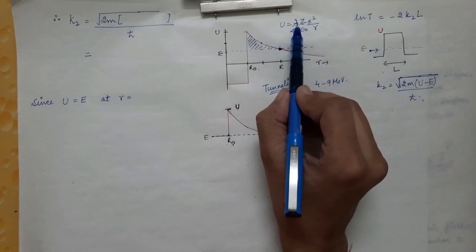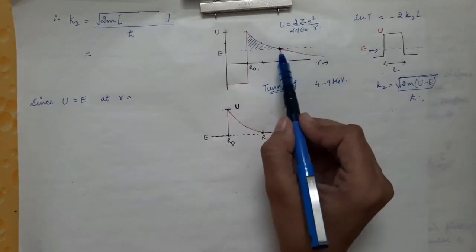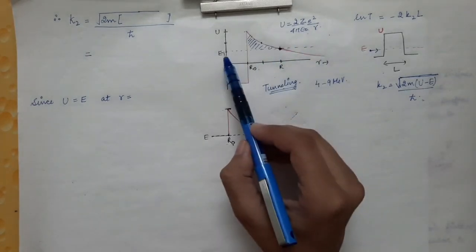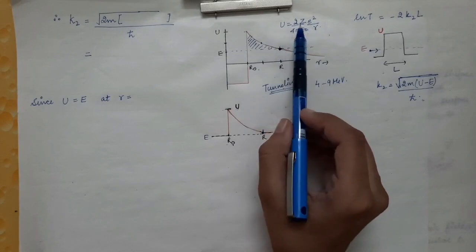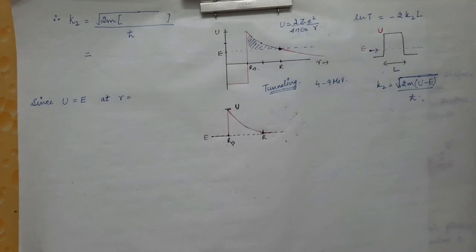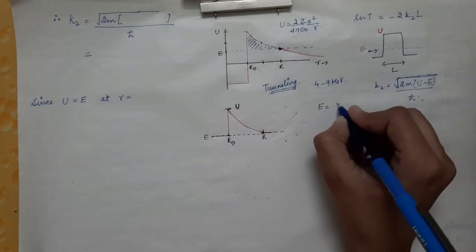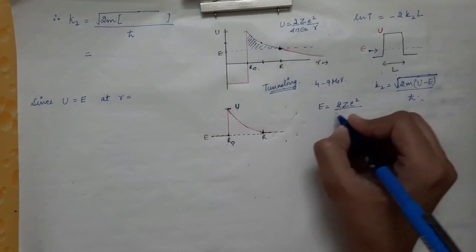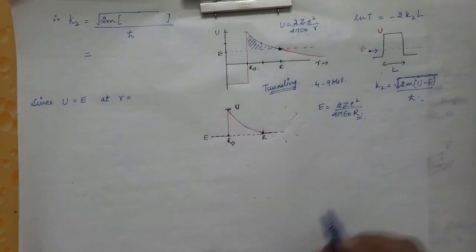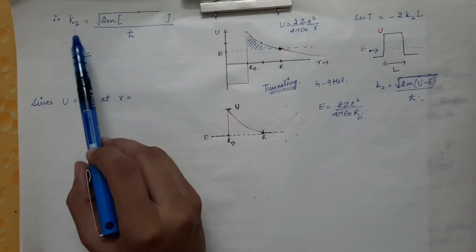It will be equal to 2ze square by 4 pi epsilon naught capital R, given by 1 by capital R. So the energy of the alpha particle is equal to 2ze square divided by 4 pi epsilon naught capital R. Now the main task is to find K2.